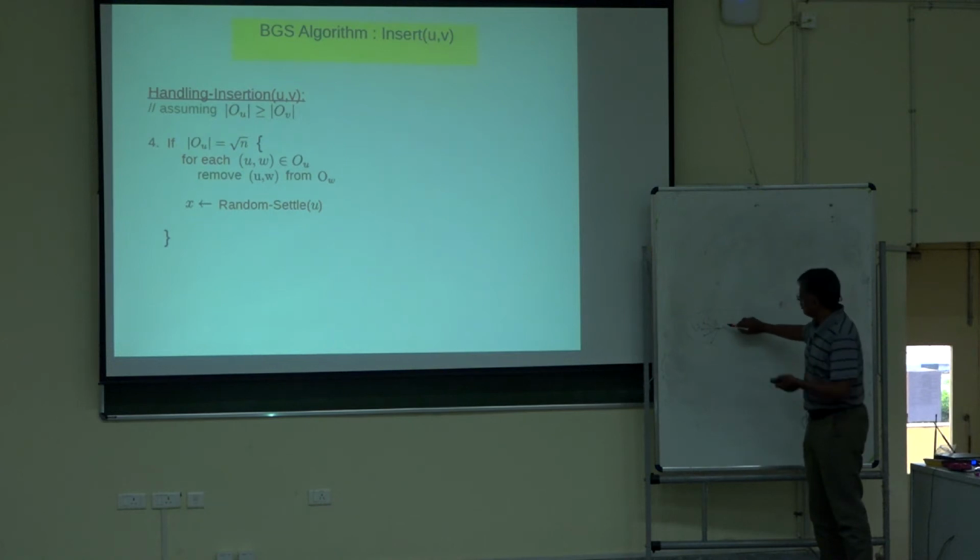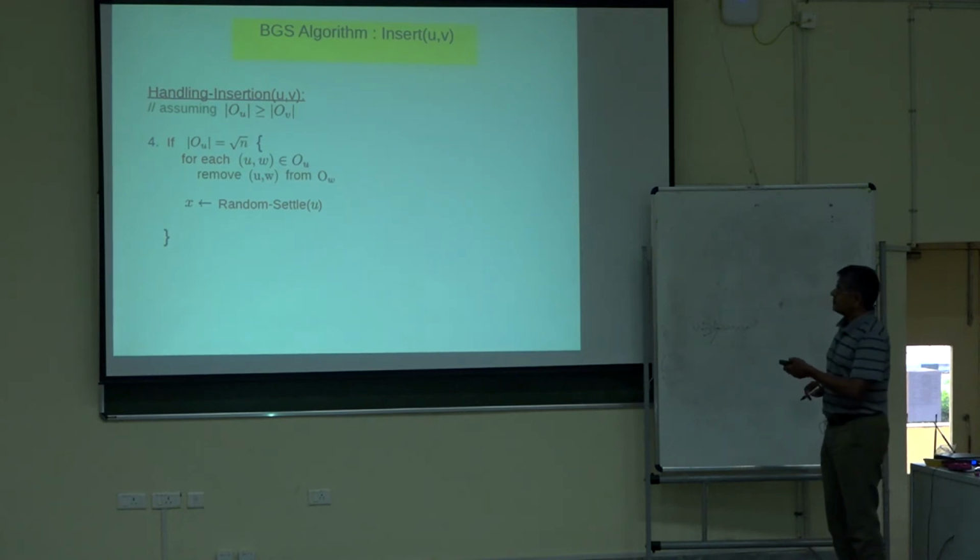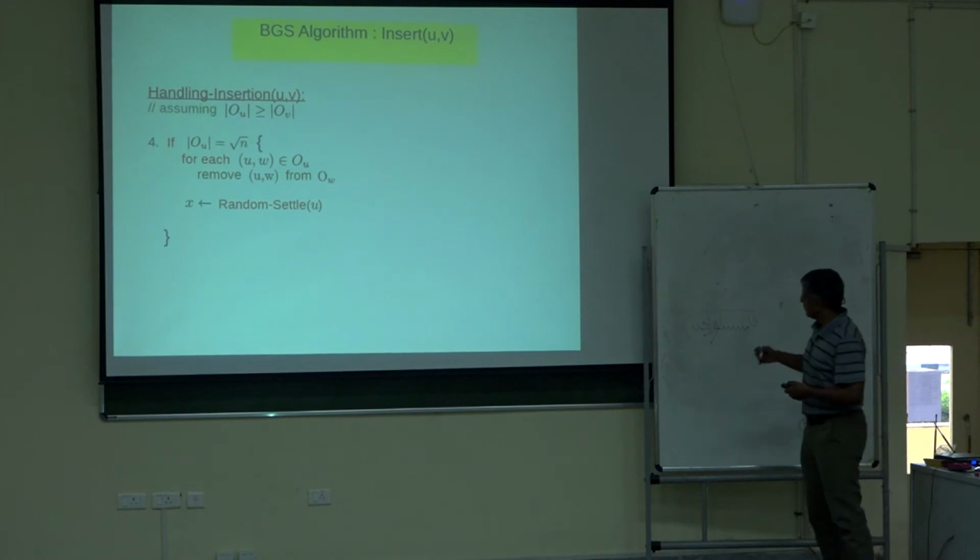So now U basically finds a random mate among the owners. That's because the ownership list has become large. It goes to level 1 and chooses a mate at random. This is hoping that this mate will stay in the matching in the presence of the input sequence, which is static.